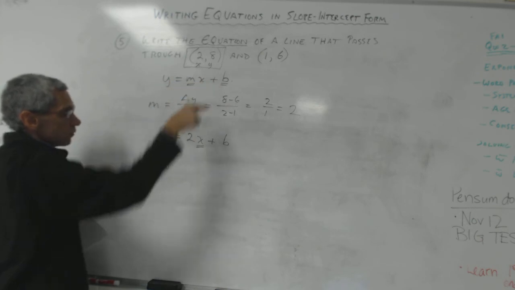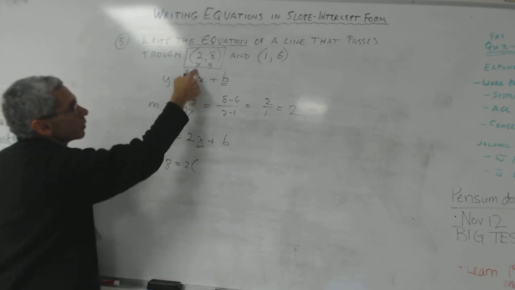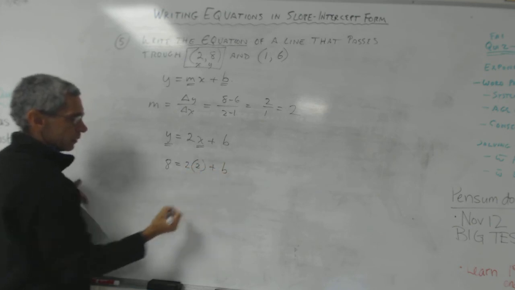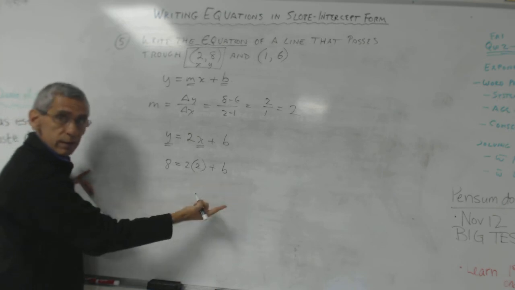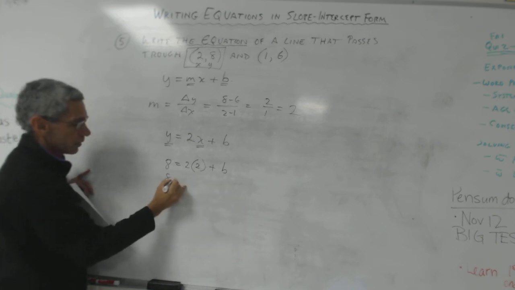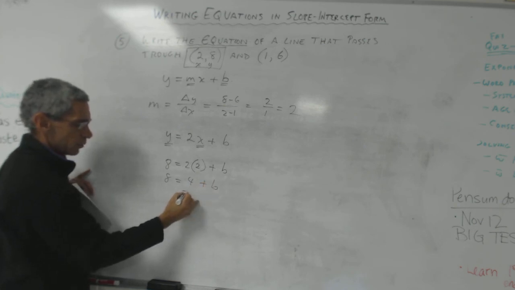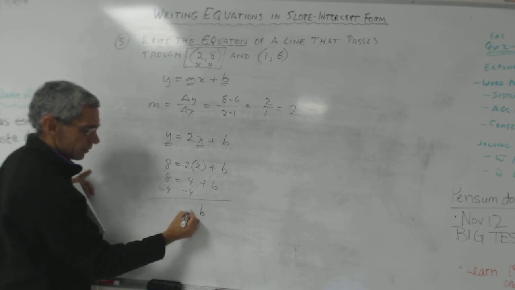So your y is your second one. 8 is equal to 2 times your x, which is 2, plus b. Now my b is my only unknown, which is great. Piece of cake. So I have 8 is equal to 4 plus b. Subtract 4, subtract 4. I have b is equal to 4.